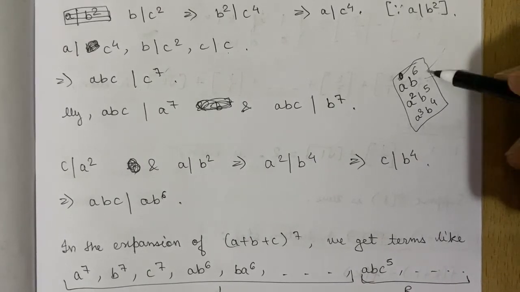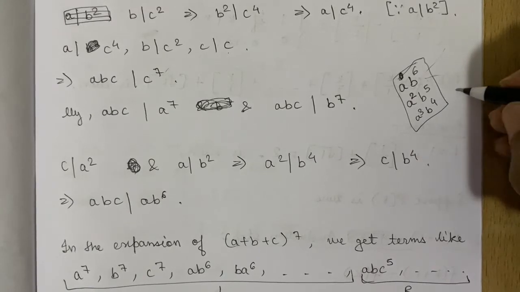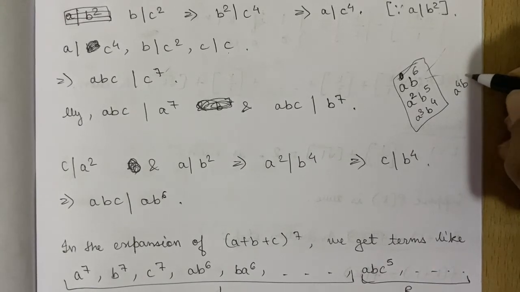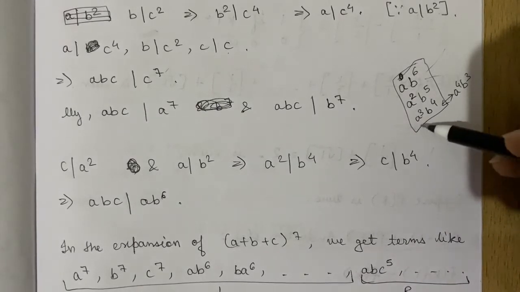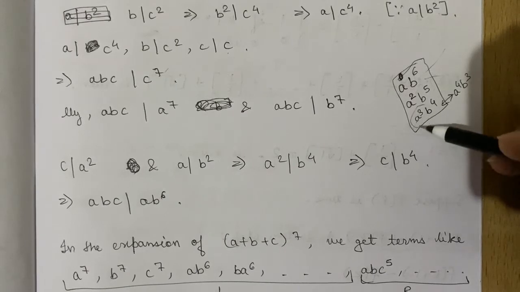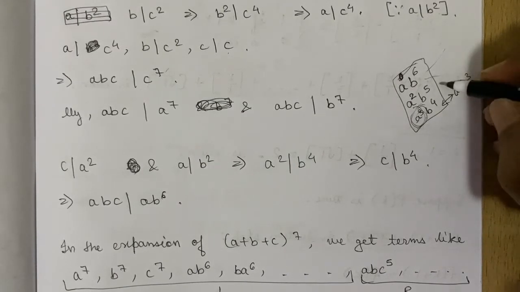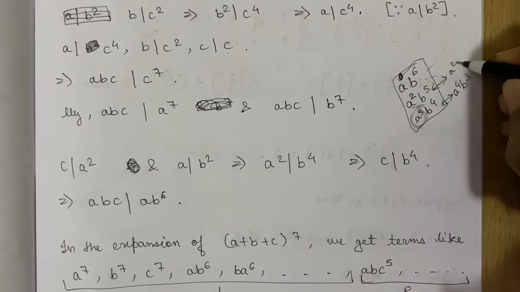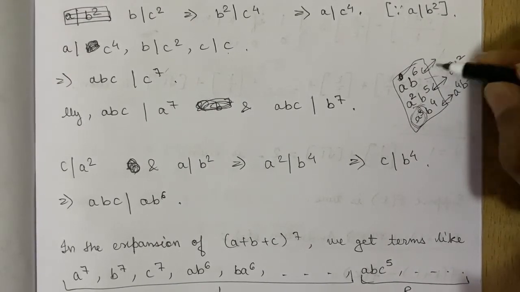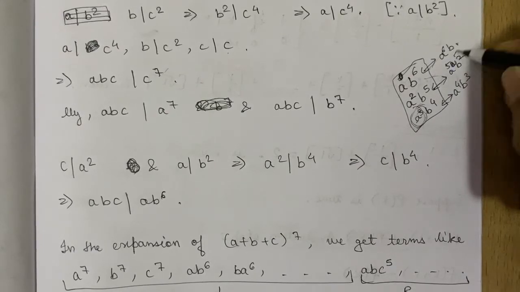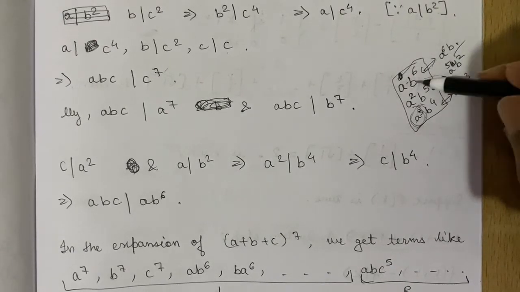Other terms would again be a^4 b^3. This is similar to this, only the roles of a and b are interchanged, but there was nothing unique about a and b. By symmetry we can say that this term is already covered. And similarly, a^2 b^5, b^2 and a^6 b. So this term is covered by this.